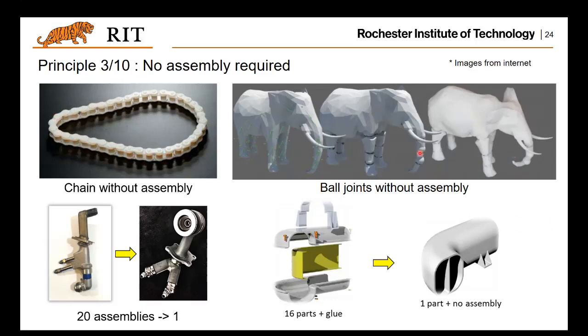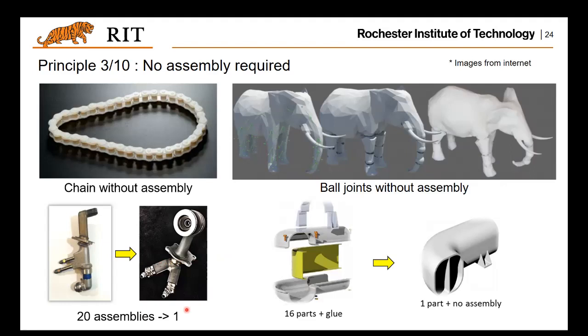Also here shows some ball joints printed without assembly. But in this case, it is not the process, it is the design. If you design this properly, it is still possible to make it assembly free with a proper clearance set up.